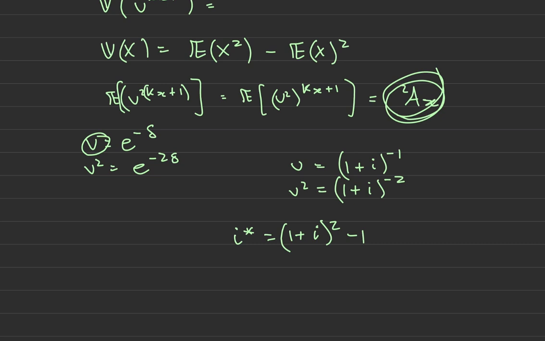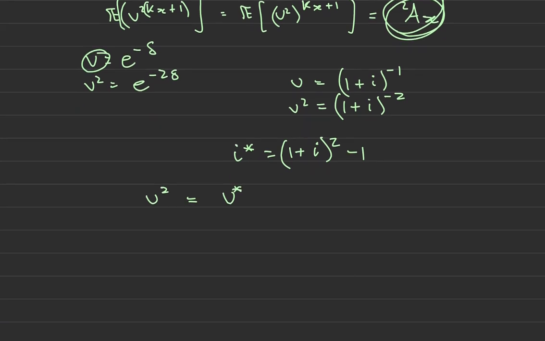So basically now, v squared must be equal to v new with a star. So v squared is at the old interest rate, (1 plus i) to the negative 2, because of that 2 there.